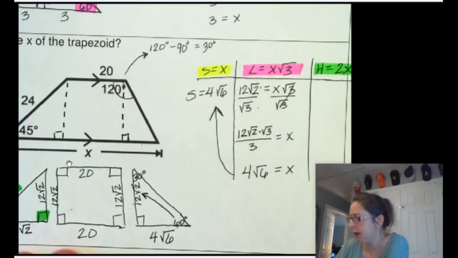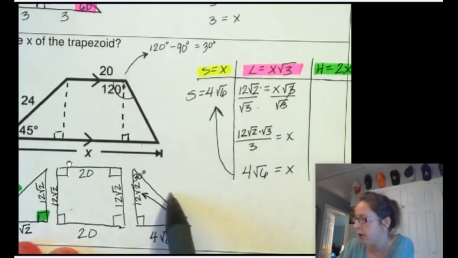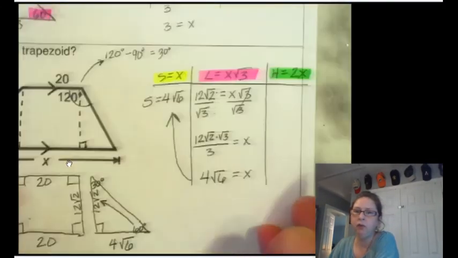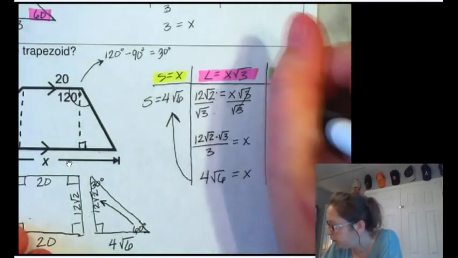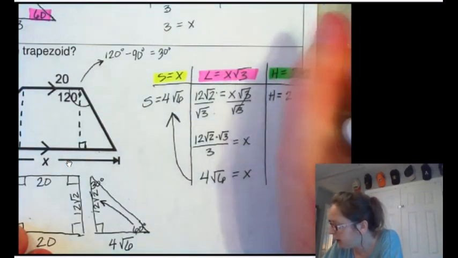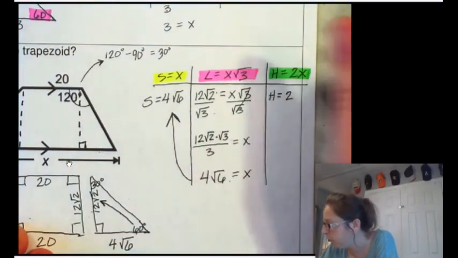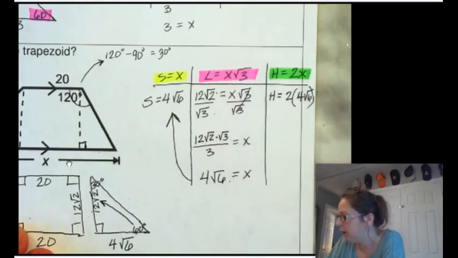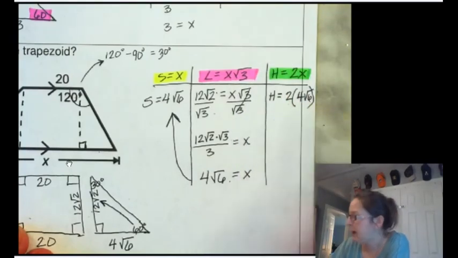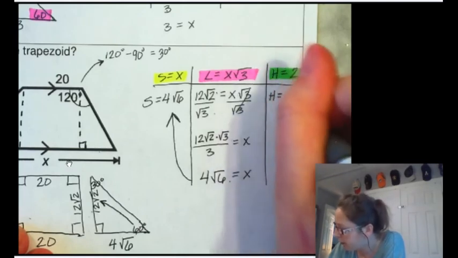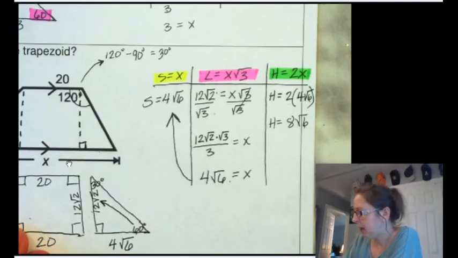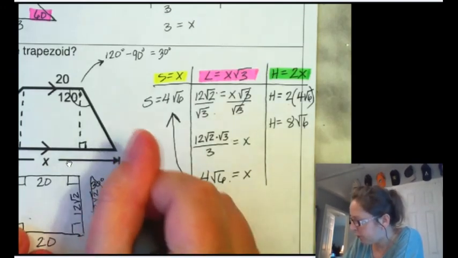I would just need to find one more piece of information, the hypotenuse here. And all I would need to do to find that hypotenuse is to plug in the value of x into the hypotenuse ratio. 4 square roots of 6. 2 times 4 is 8. Bring down the square root of 6. Okay, and so the hypotenuse here would be 8 square roots of 6.